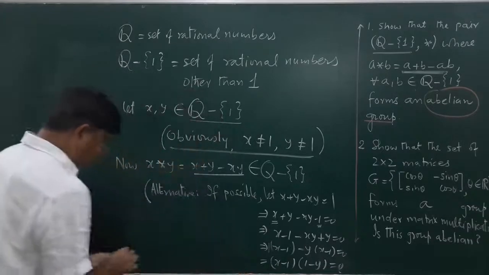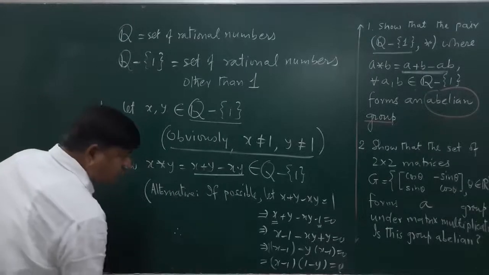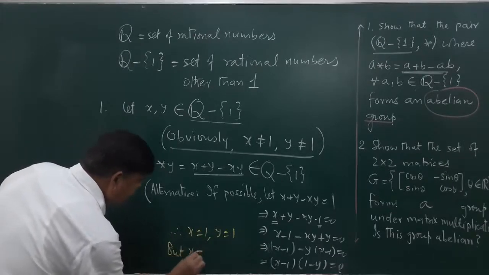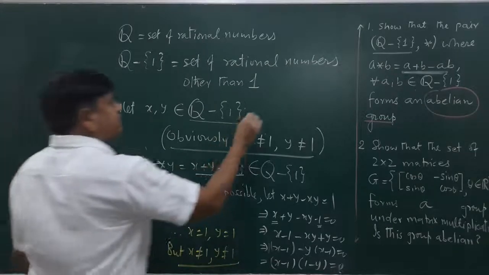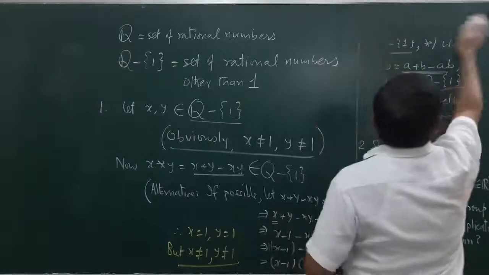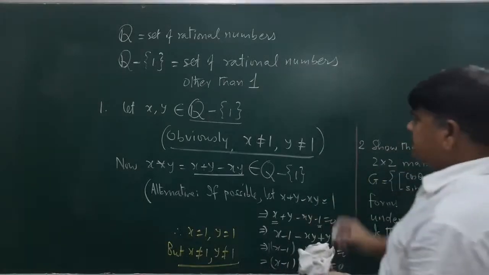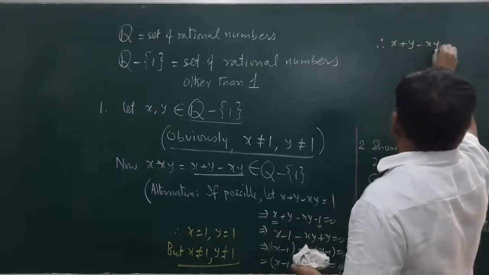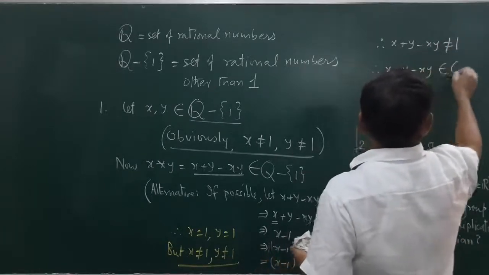And this implies x equals 1 or y equals 1, but x is not equal to 1, y is not equal to 1. Therefore x plus y minus xy is not equal to 1.